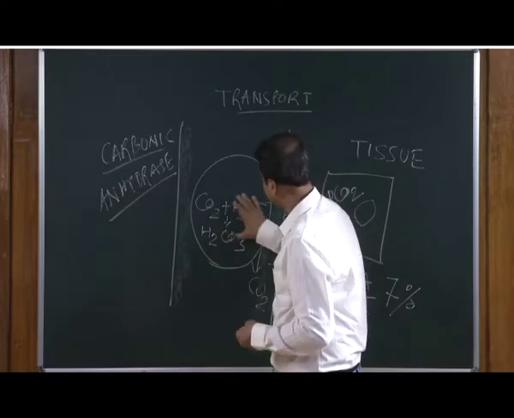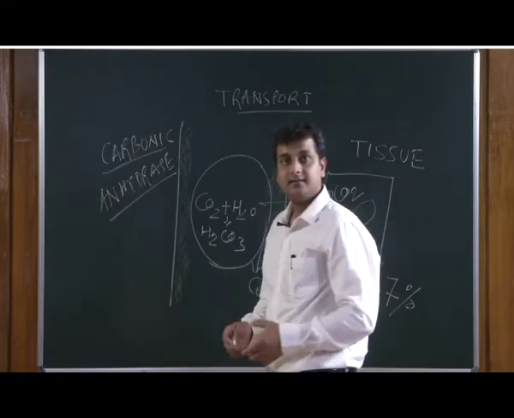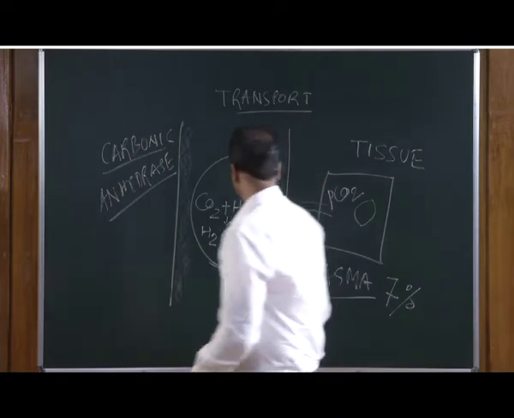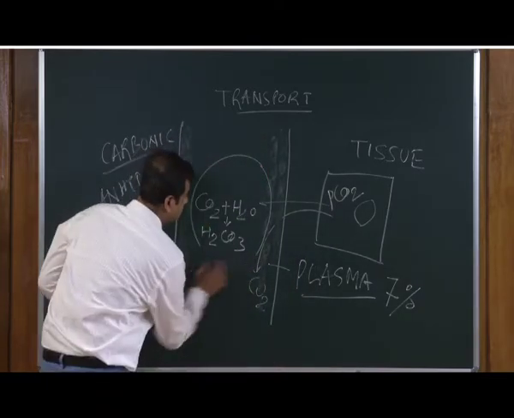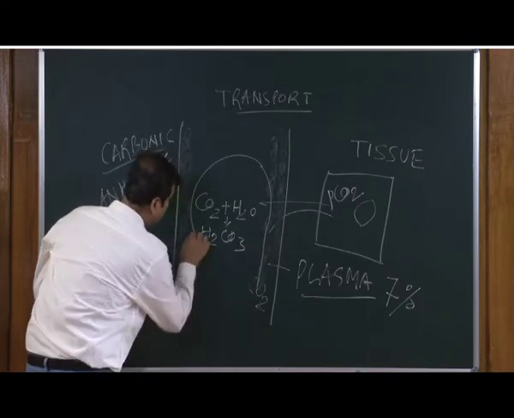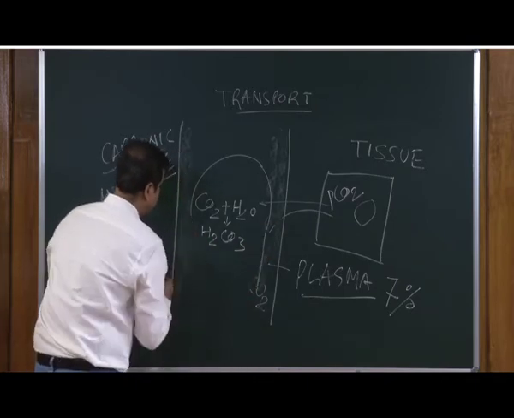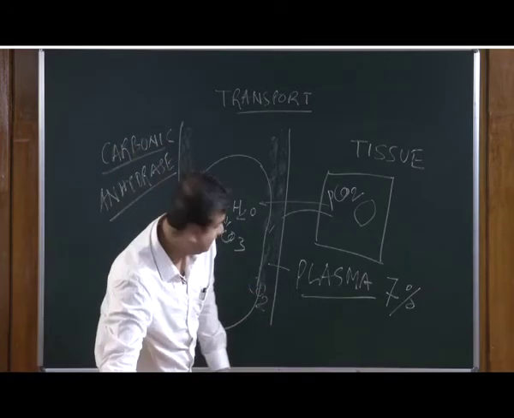Now, CO2 combined with water forms carbonic acid. This carbonic acid is again dissociating into H plus and HCO3 minus ions. So, I will just draw it a little bigger in order to give an idea. This is just a bigger form of RBC. So, what is happening?